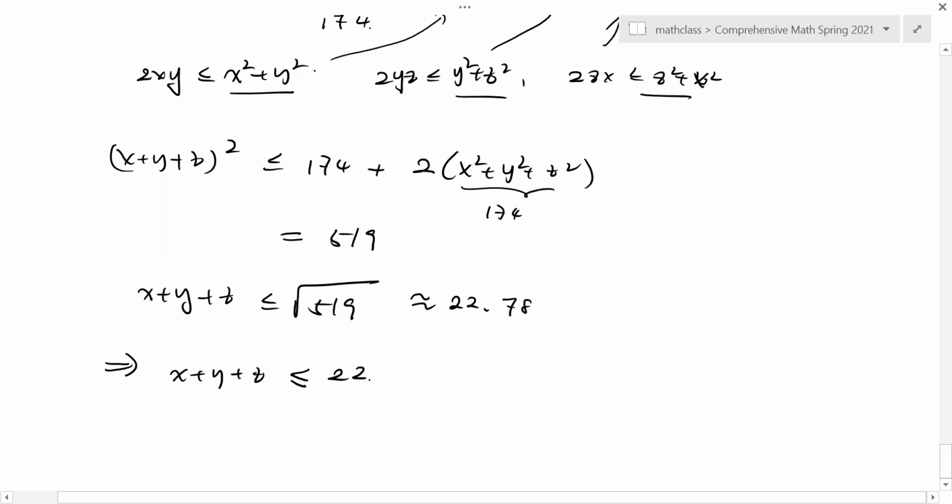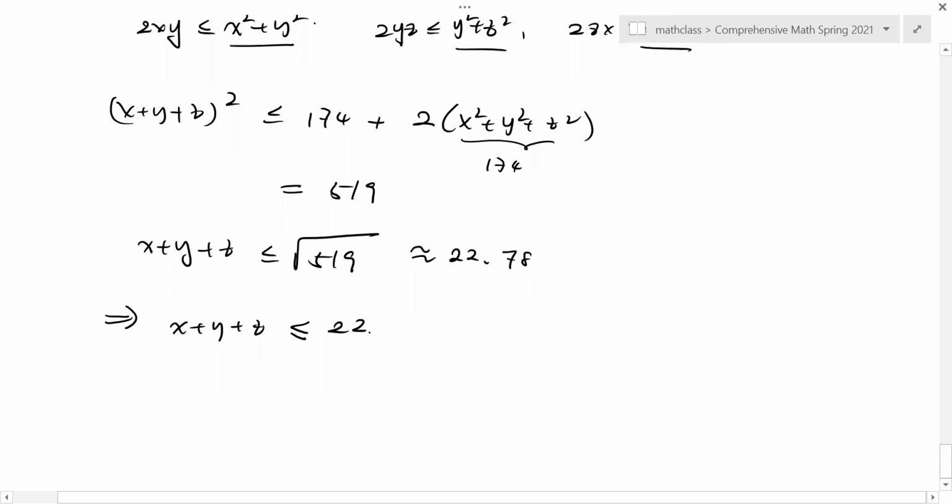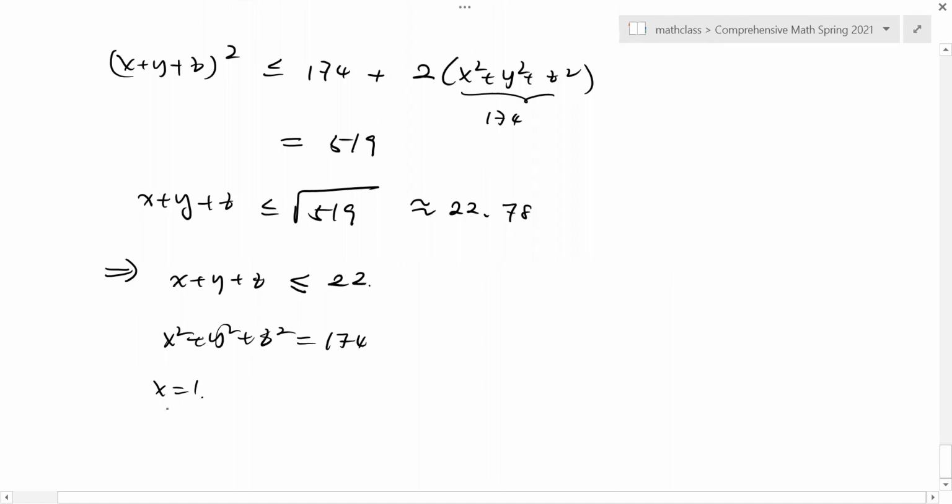Okay. What I'm trying to do is a guessing try. I use special values that I remember. Because x squared plus y squared plus z squared equals 174, you can try x equals 1, 2, 3, 4, and 5.